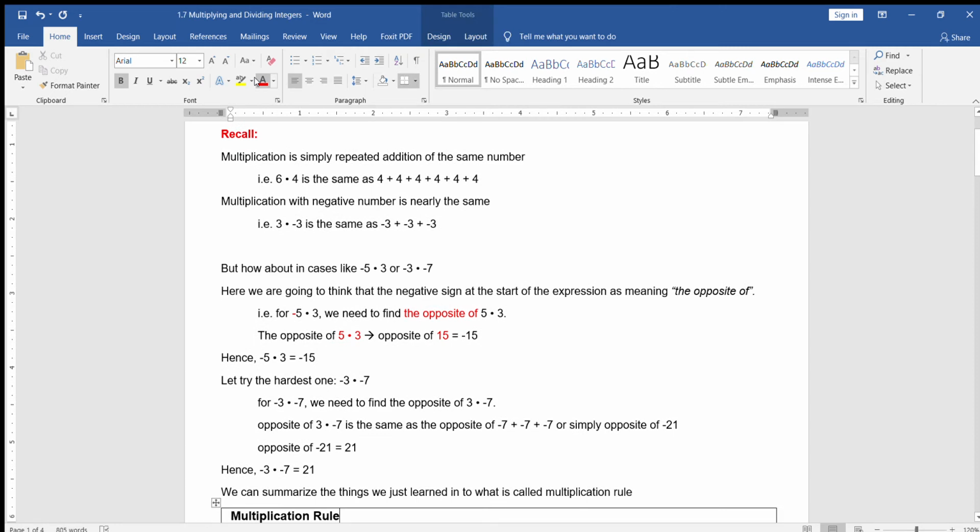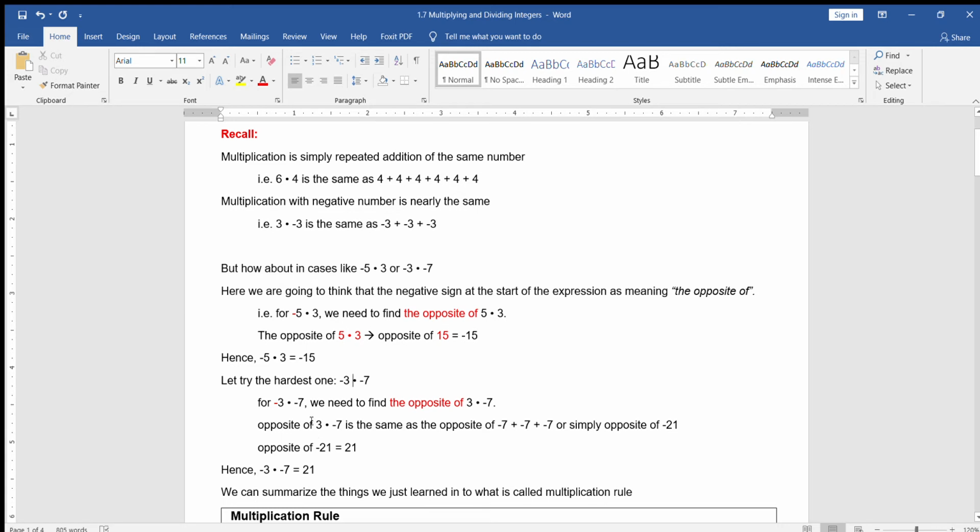Now let's try the hardest one, negative 3 times negative 7. What do we do? First of all, we're again going to interpret the negative in front of the expression as the opposite of. What is the opposite of 3 times negative 7?